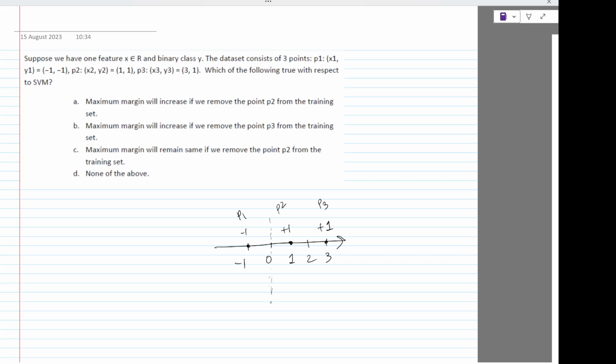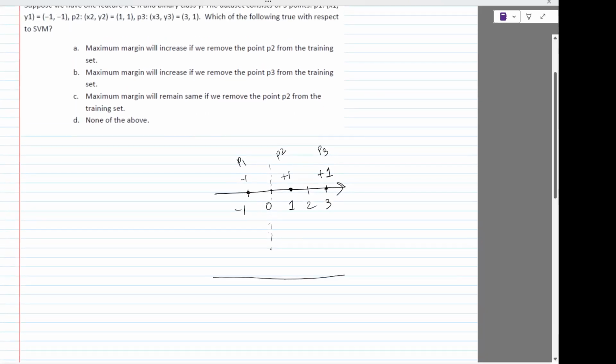Maximum margin will increase if we remove the point P2 from the training set. So if we remove this point P2 from the training set, we will have this -1 point P1, which belongs to -1 class, and P3 at 2.